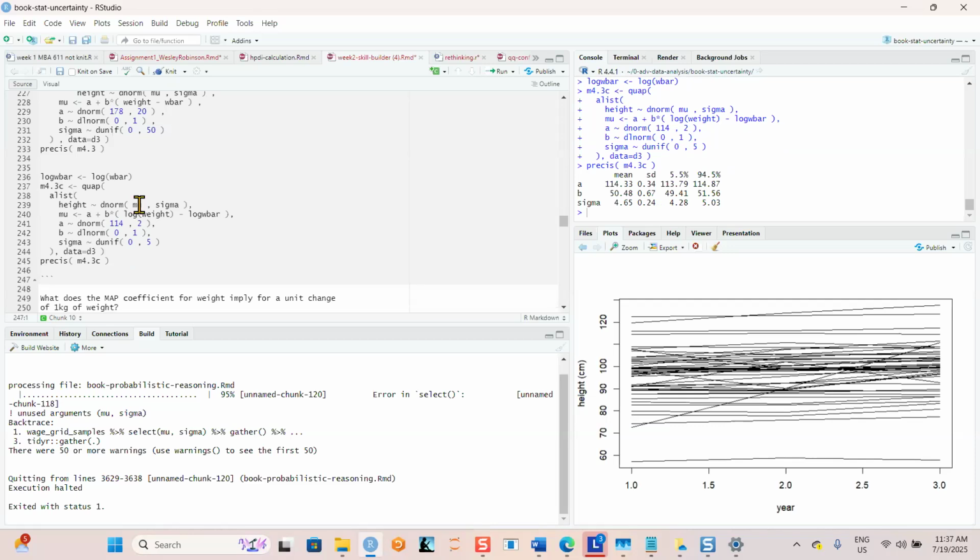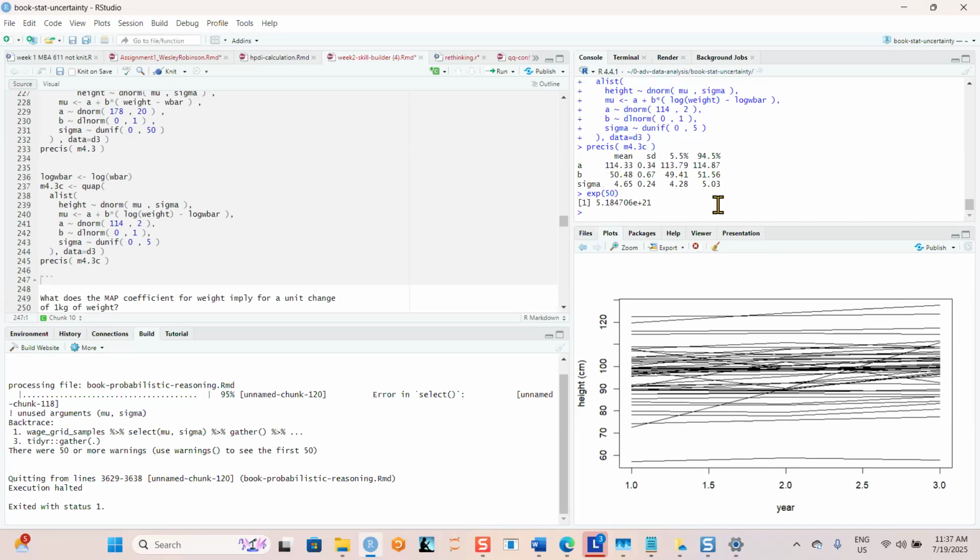Now, there's one more thing we can do, which is make B, raise it to, let's see, just EXP, raise that to 50.